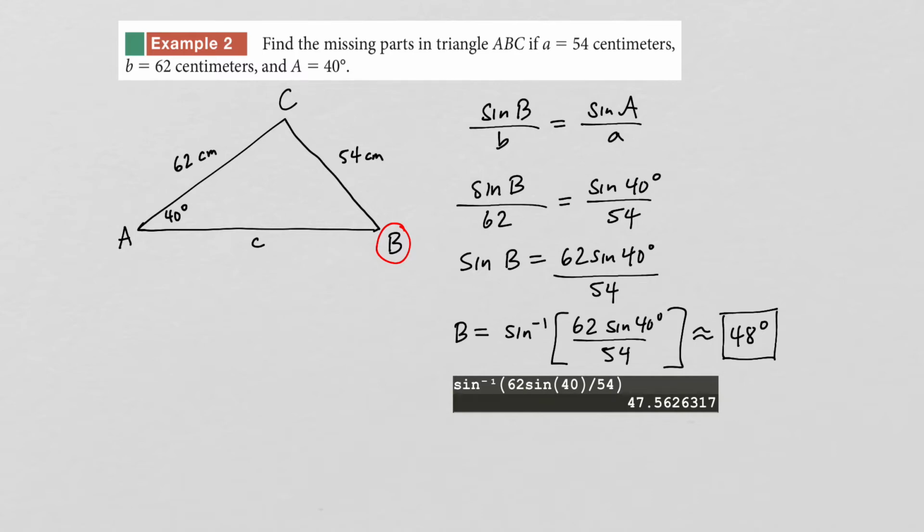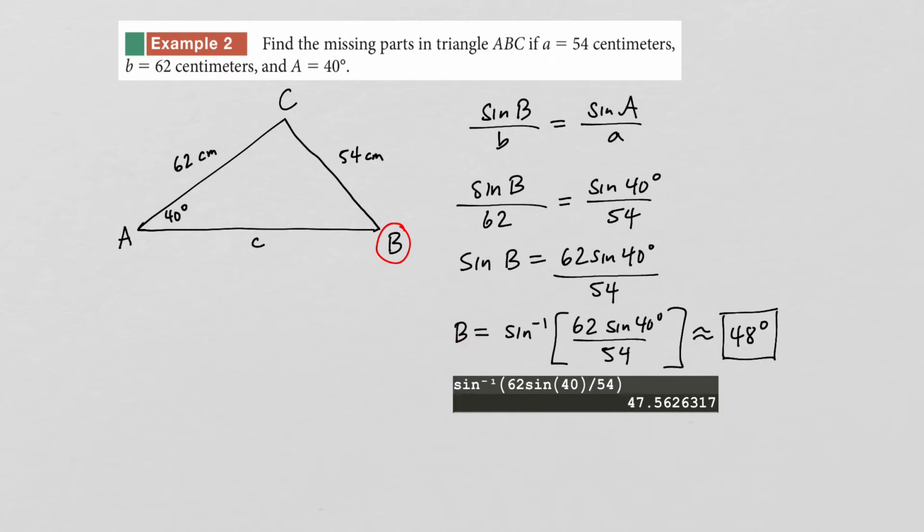Okay, so we definitely have a solution. But here's the thing. If sine of an angle is equal to this positive number, because sine is positive in the first quadrant and the second quadrant, there is another possible solution for angle B that would exist in the second quadrant.